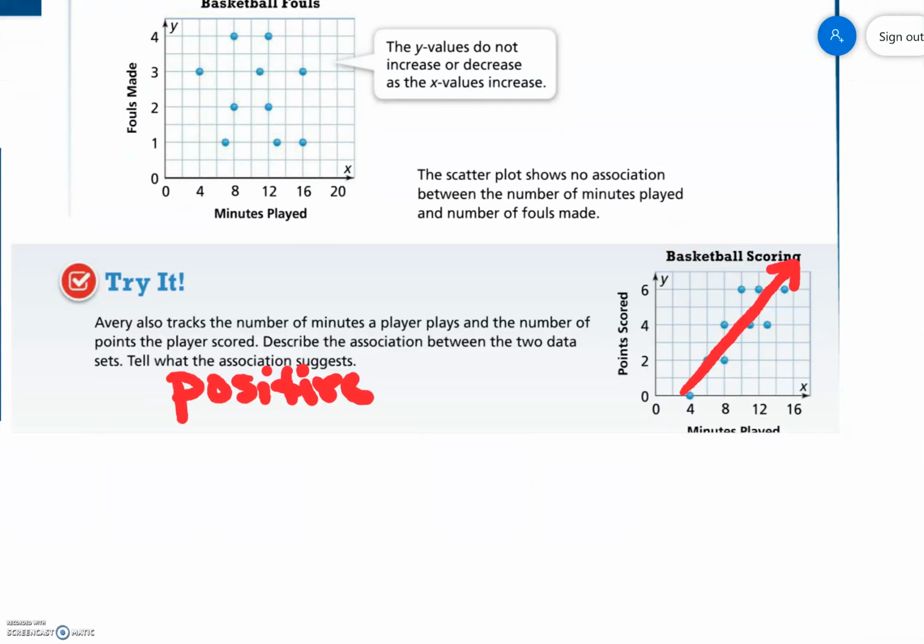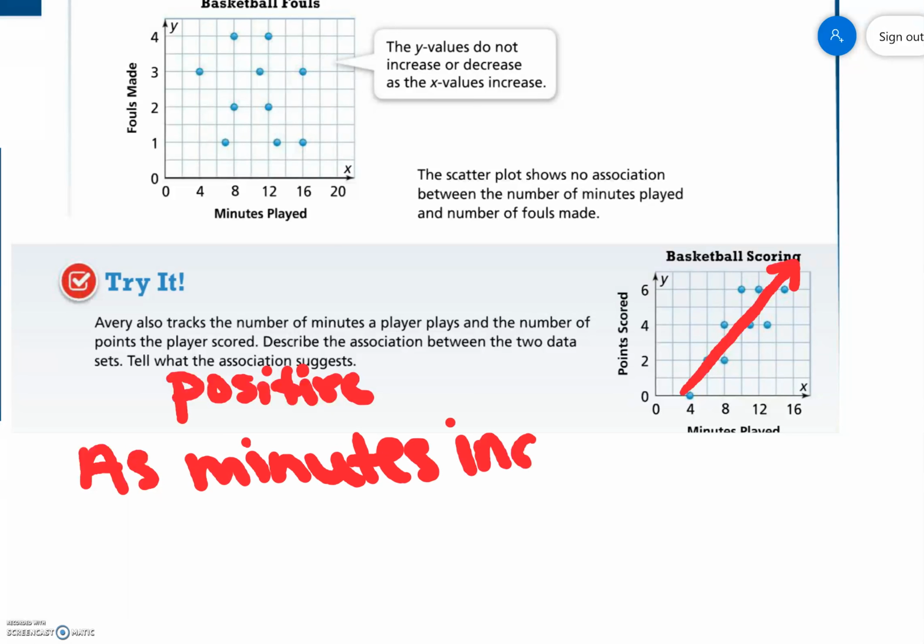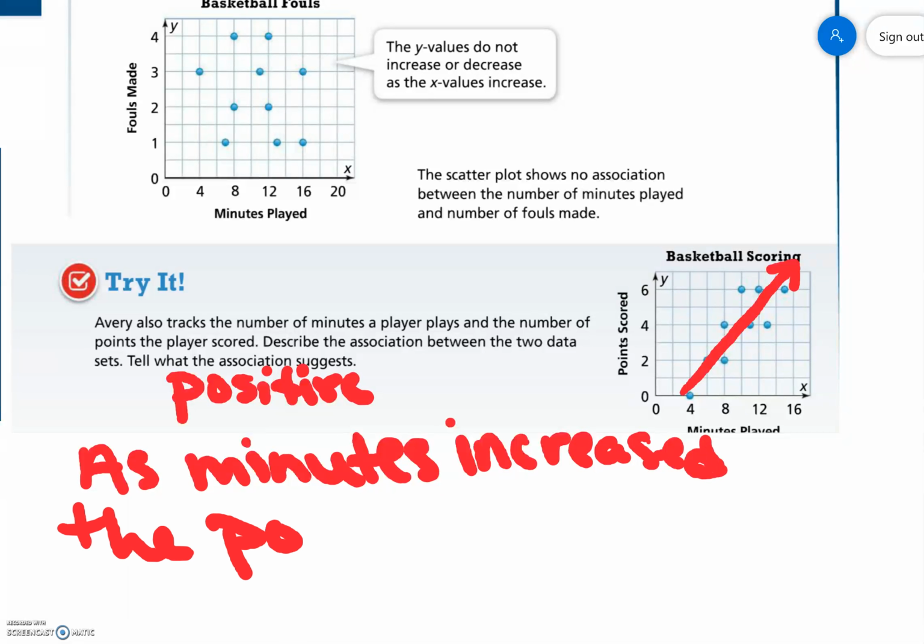So that association suggests as the minutes increased, the points increased.